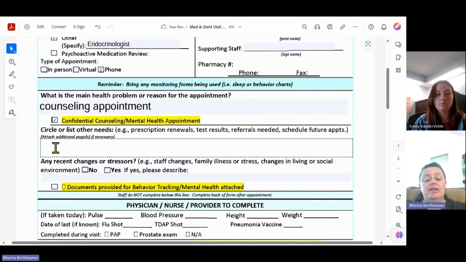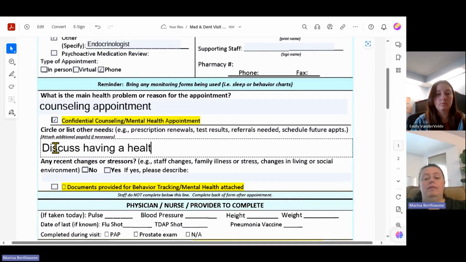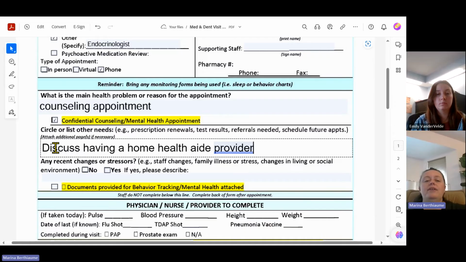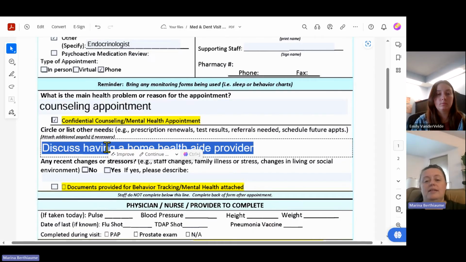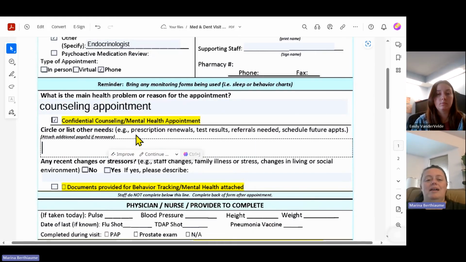And here you could write, I think there was something recently where they wanted to discuss having a home health aid provider. So whatever is the goal, like other things you need to remember besides the main appointment, you're going to list all of those things down here. And a lot of times you're going to want the prescription renewals.